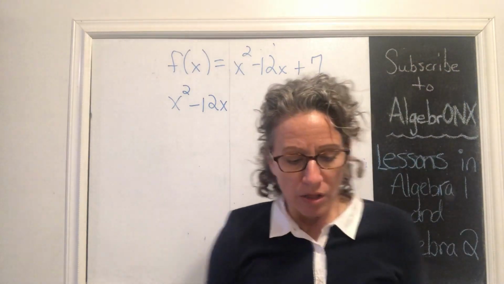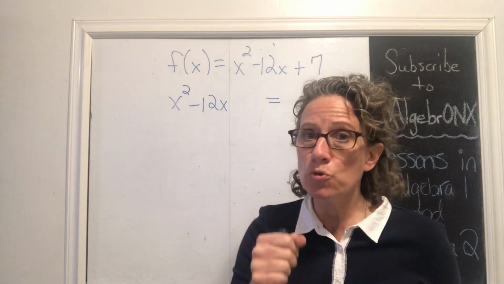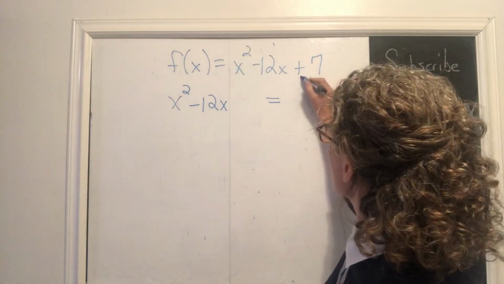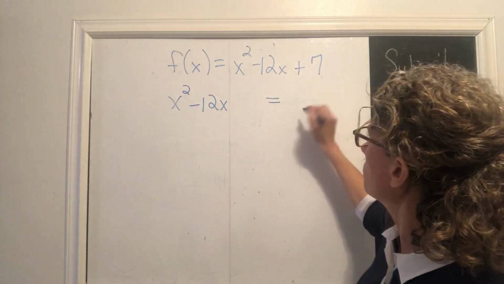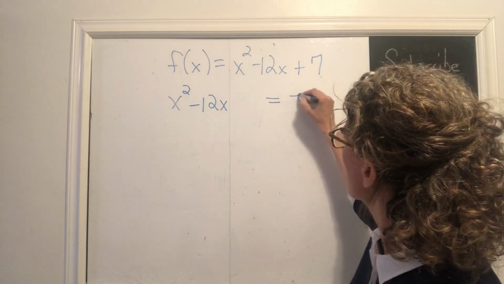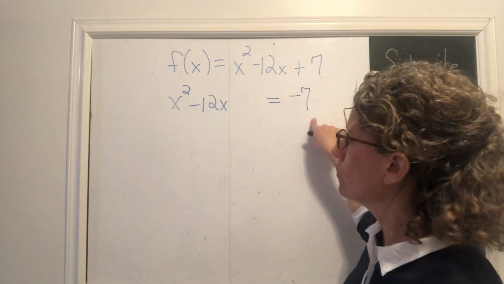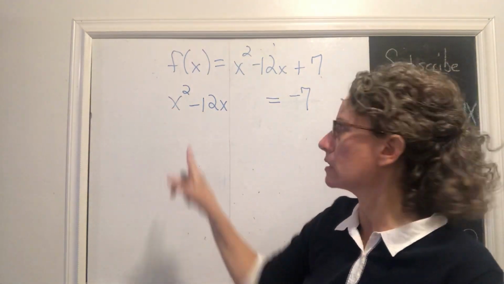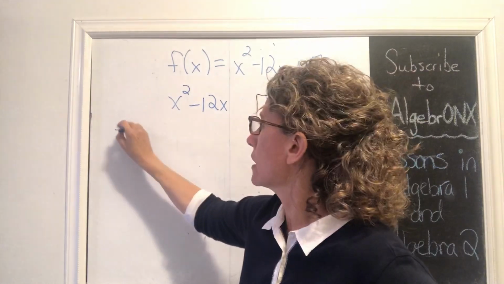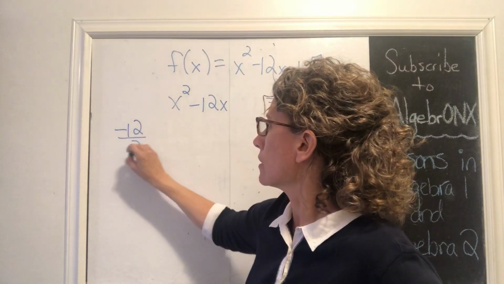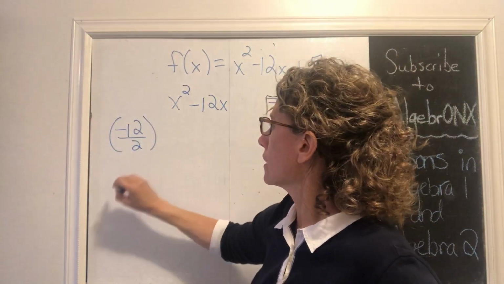And the first thing we're going to do is move the constant. Moving it to the other side of an equation means if it's plus here, it becomes minus there. Move that constant. Now, where do I look next? Middle coefficient. The middle linear coefficient is a negative 12. You half it. That's a negative 6.